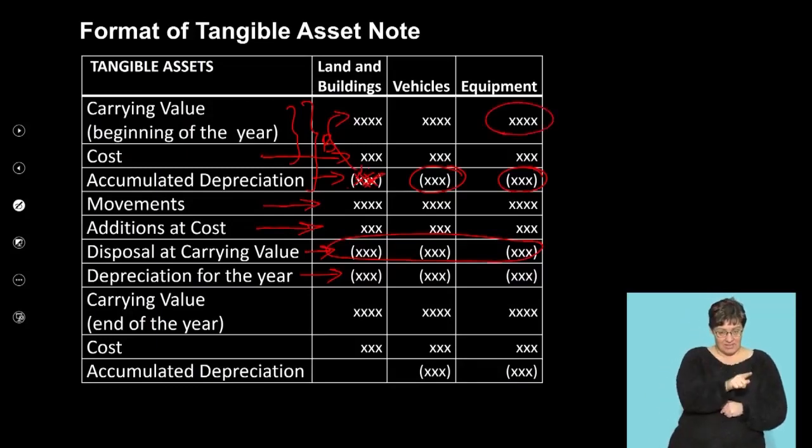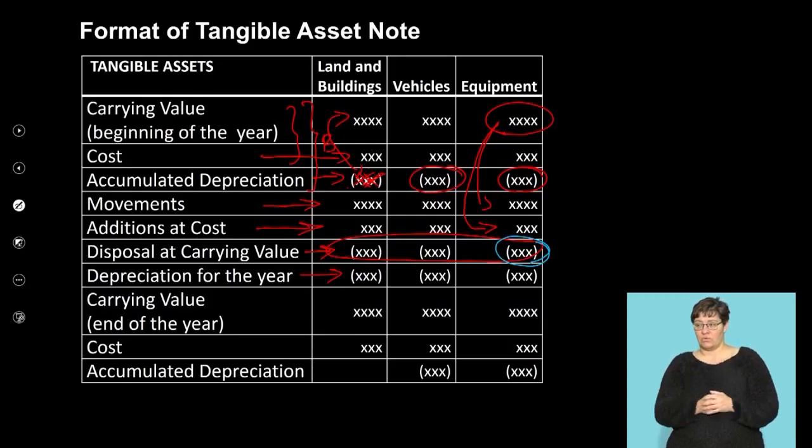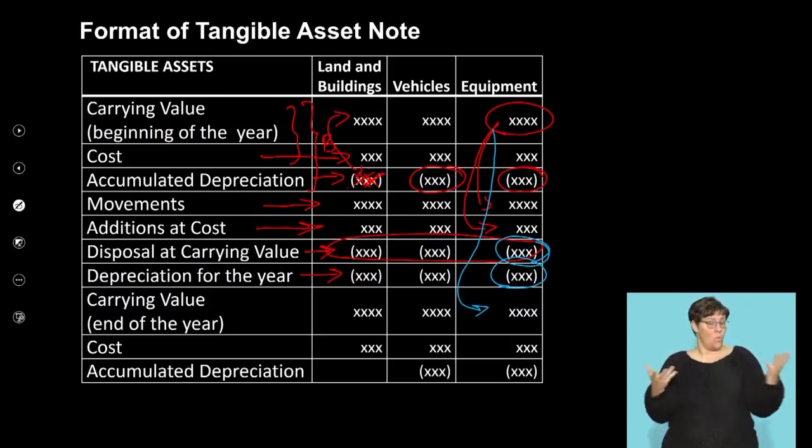You add your additions at cost. You subtract your disposals at carrying value. You subtract your depreciation for the year. And that then gives you your carrying value at the end of the year.